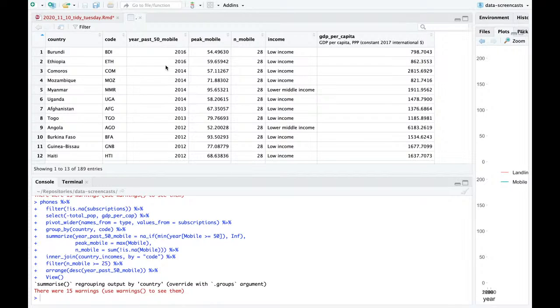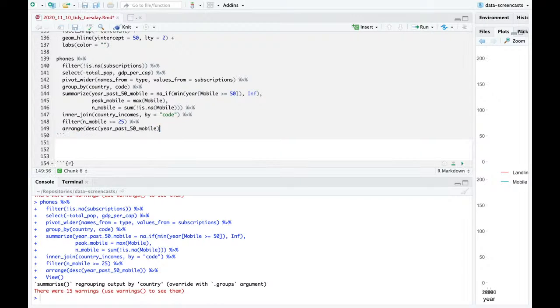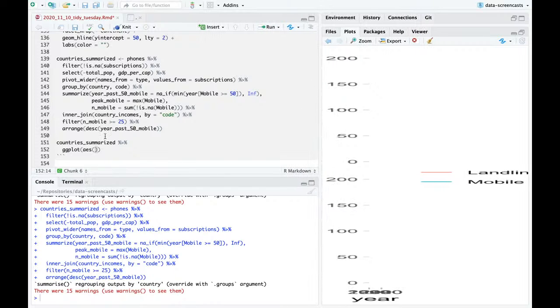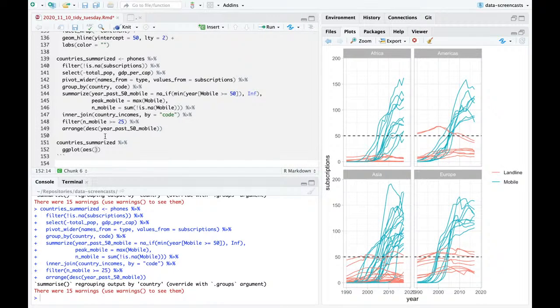So the story is now I can say, okay, this is the year that it passed, 2016. Here's the GDP per capita. And I can take that and call this countries summarized. We kind of already saw this earlier when we did the aggregation, but this just might help a little bit.